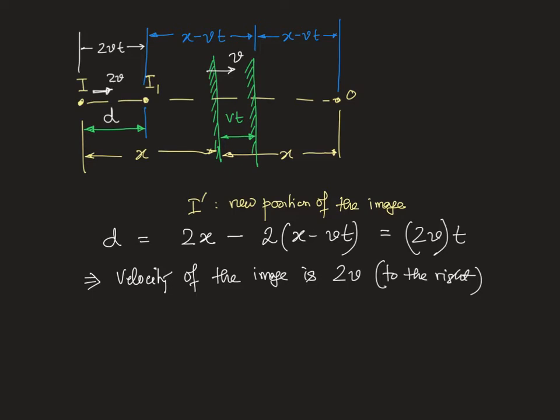This same problem you could have solved in a different way. Always you can go to the mirror frame. That is the most useful method. So this is the object, and you have to find out the velocity of the image.